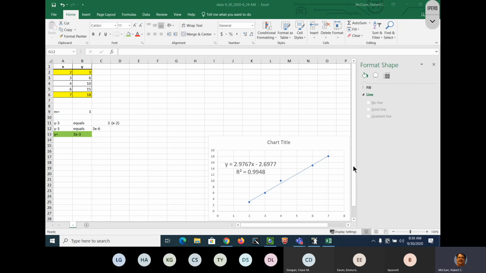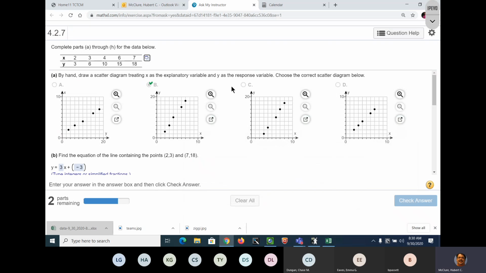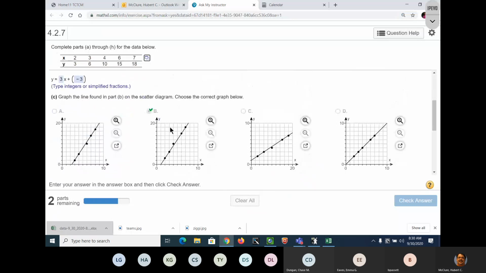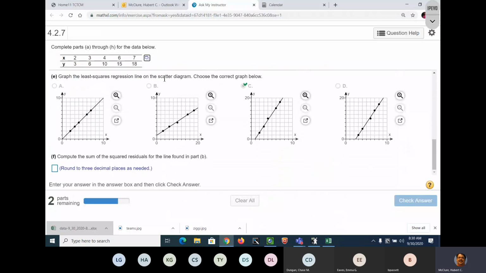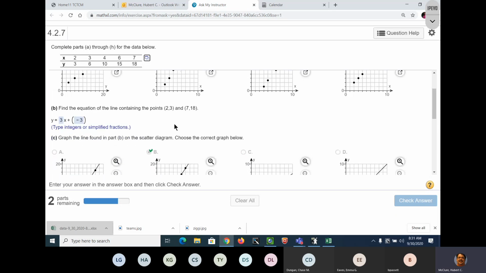Now remember, if you want to find the residual, I don't know if this one asked for that, but let's look and see. It probably does. Graph, we did that. Graph the least squares regression. Compute the squares of residuals for part B. Okay.